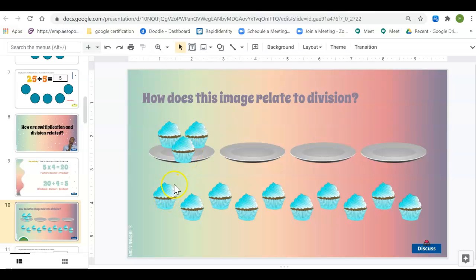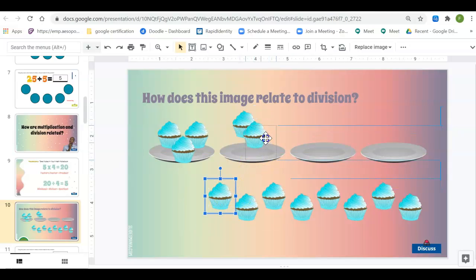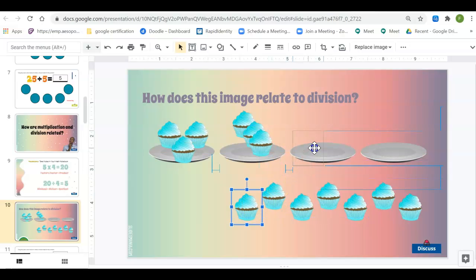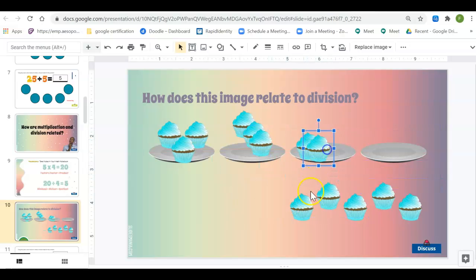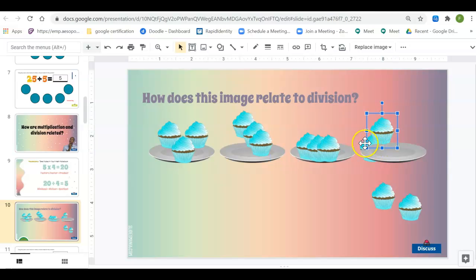Okay? So I started out with 3 right here, and I'm just going to drag and drop them. And let's see here. So here's another one. 1, 2, 3. So I got 3 over here, 3 over here. 1, 2, 3 over here. I've got another 3. So I want to try to get 3 on this one here too. We're trying to get it as evenly as I can.